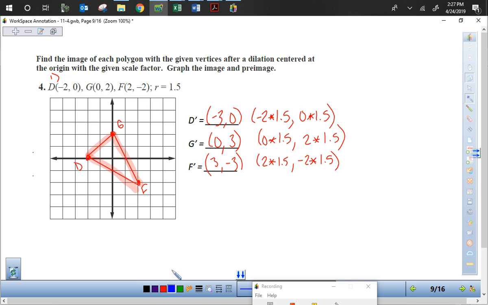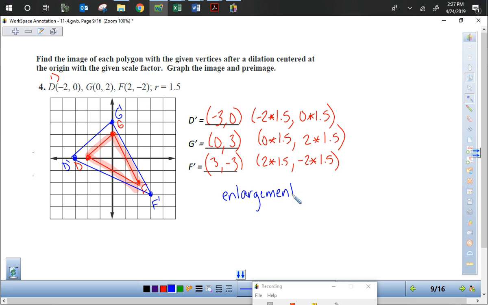We'll go ahead and plot those. Negative 3, 0 is your D prime. 0, 3 is G prime. And right 3, down 3 is F prime. And we got bigger again, so this is another enlargement.